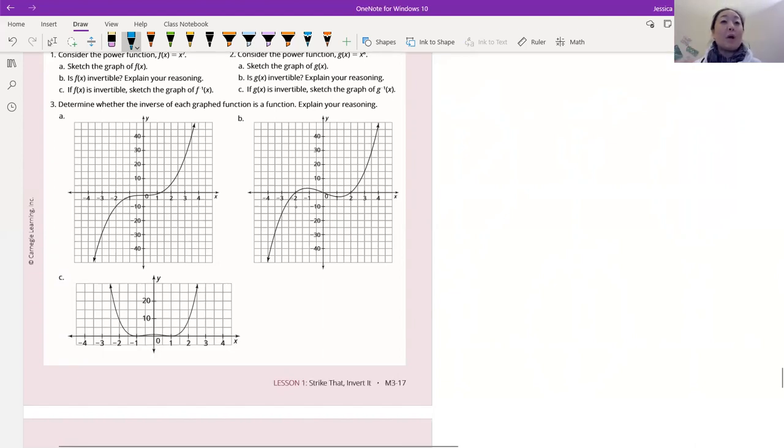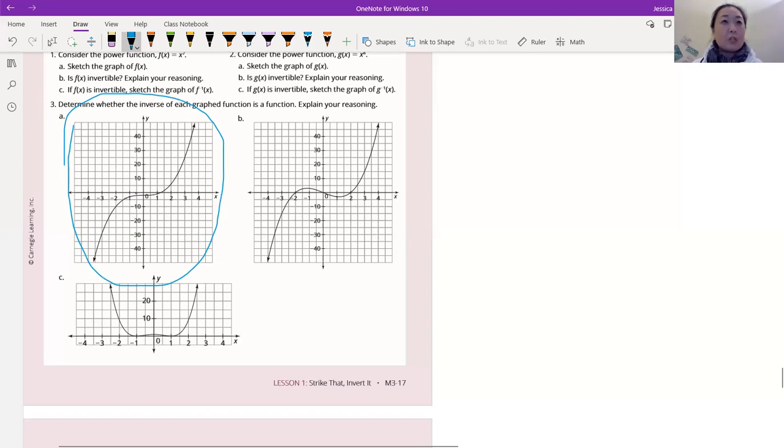Whether it is a function or not, honestly, you don't really need to say it passes the vertical line test, because we're already assuming that it's a function. You just need to say it passes the horizontal line test. You can't have an inverse function without it already being a function.